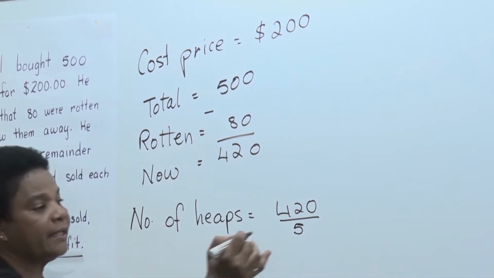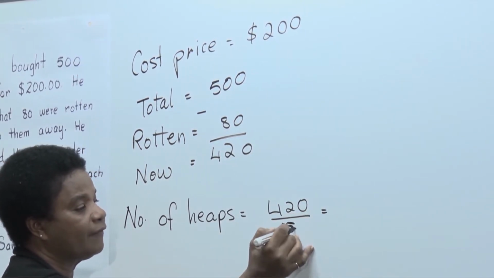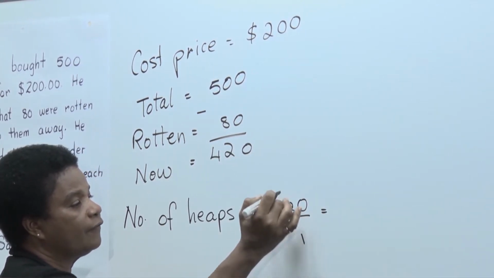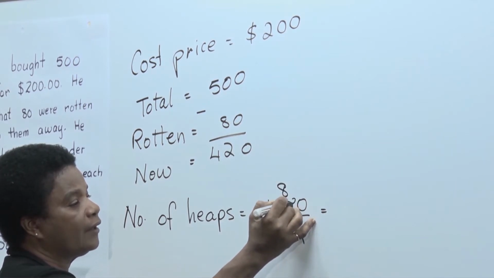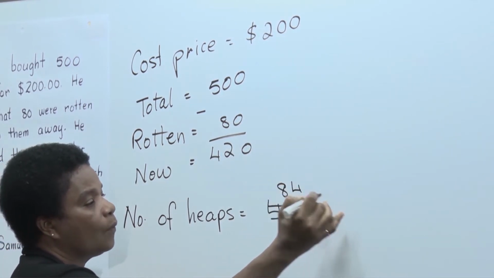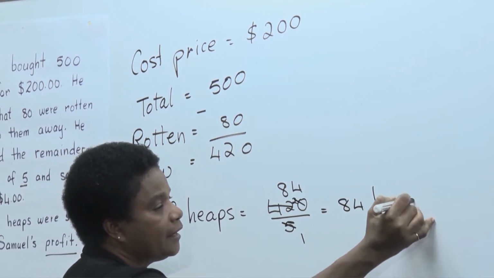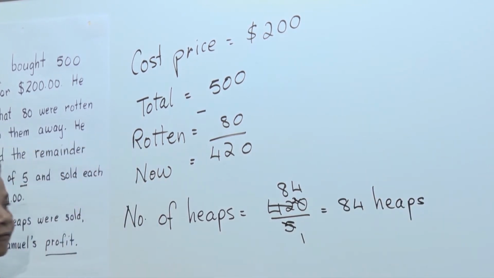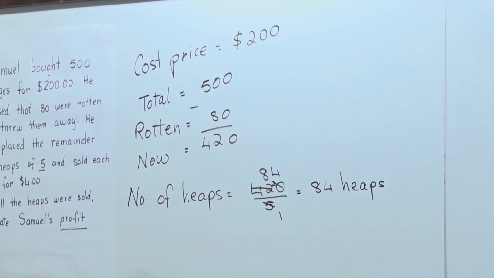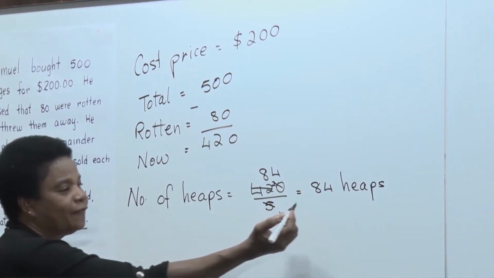So let's see how many heaps we will get. 5 into 5, 1. 5 into 42, 8 5s are 40, and 2. 5 into 24. So Sammy got 84 heaps, and each heap had 5. But we're not done. So he now has 84 heaps.